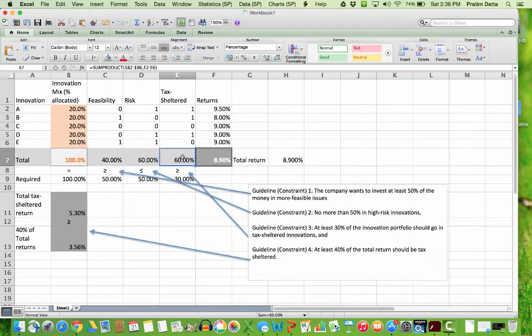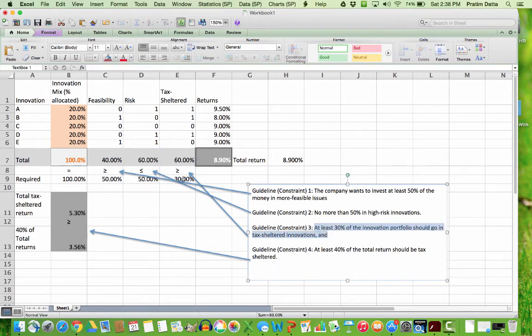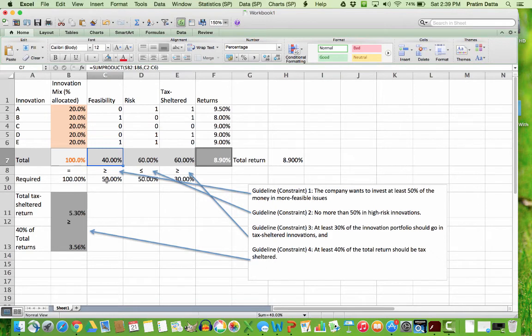And you want your tax-sheltered innovation to be at least 30% of your innovation portfolio. So it should be greater than 30%. So feasibility of your portfolio ought to be greater than or equal to 50%. Risk should be less than or equal to 50%. Tax shelter should be greater than or equal to 30%.